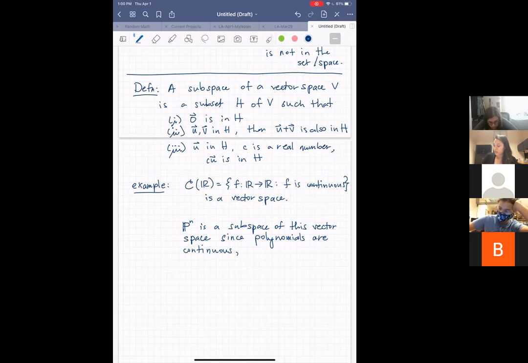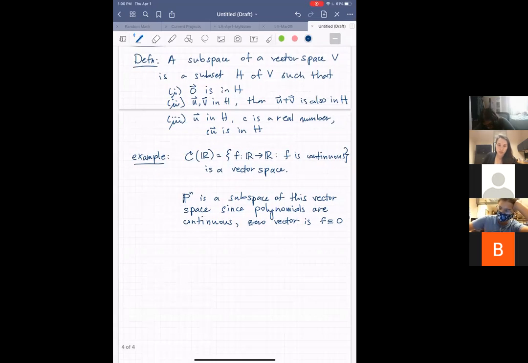The 0 vector in this case is just the function that's identically 0, right? So the constant function 0. And we know already that Pn is closed under addition and scalar multiplication by the fact that it itself is a vector space.